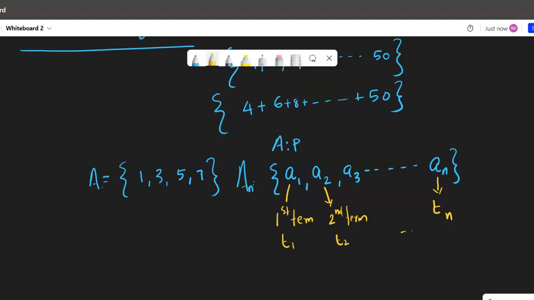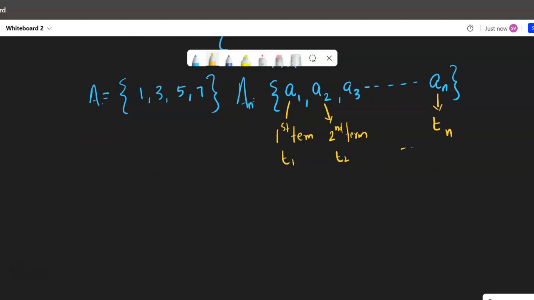So how can we say that this is an arithmetic sequence? To check whether the given sequence is an arithmetic sequence, check the difference between the successive terms: the second term minus the first term, the third term minus the second term, or the fourth term minus the third term.